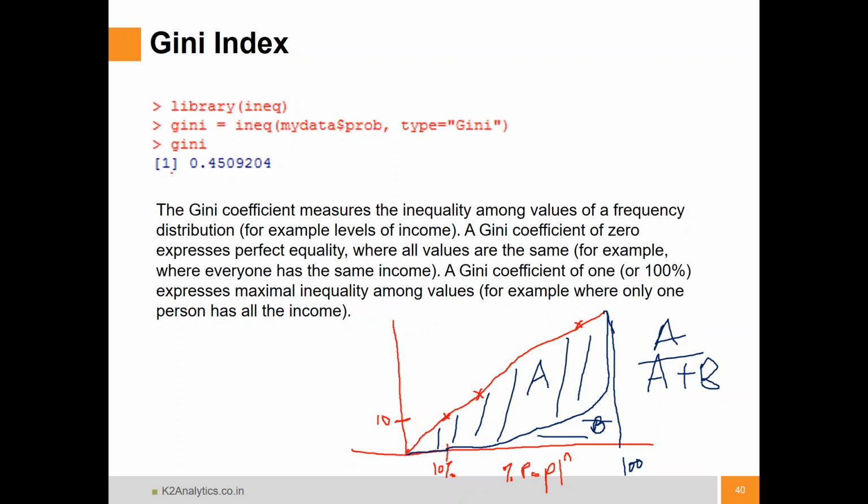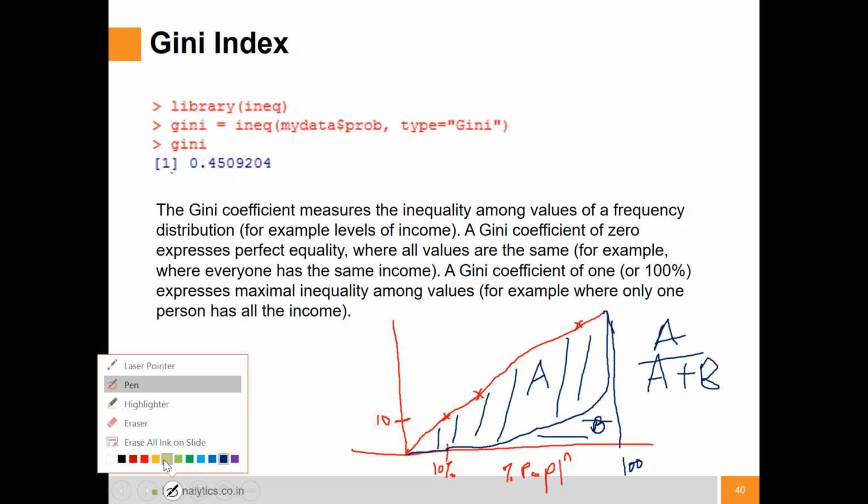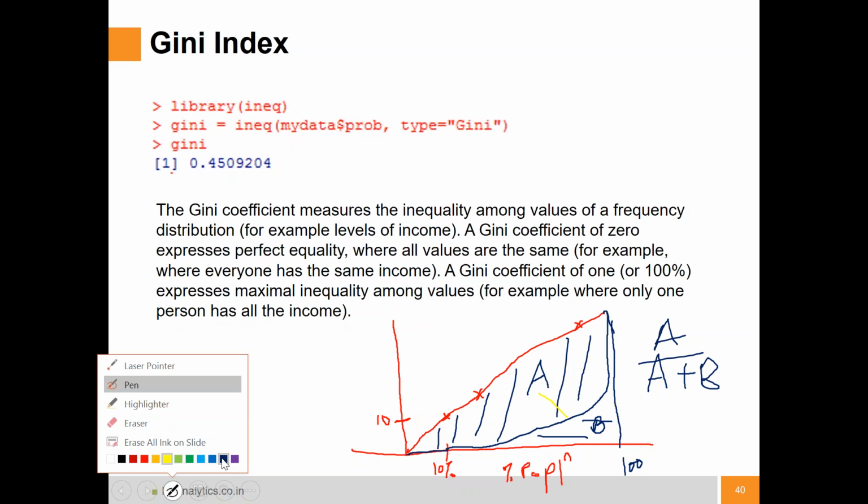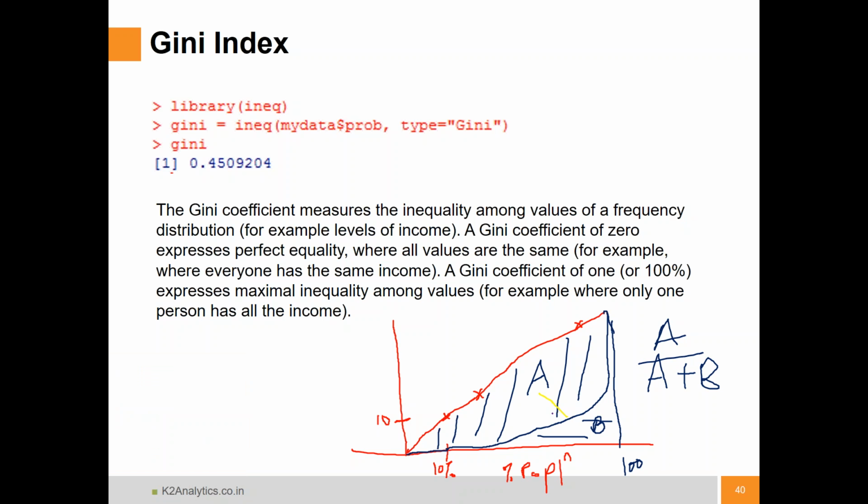Now you can clearly see, if this wealth would have been equally distributed, this blue line would have moved towards this red line.